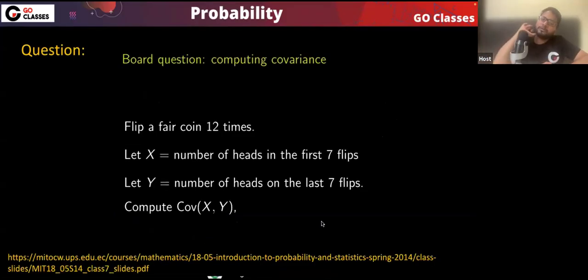Now let's see this question. What they're saying is, X is the number of heads in the first 7 flips, Y is the number of heads in the last 7 flips. So X and Y are quantities they have defined, and now they're asking to compute the covariance of X and Y. This is a little tricky question. So just do one thing.